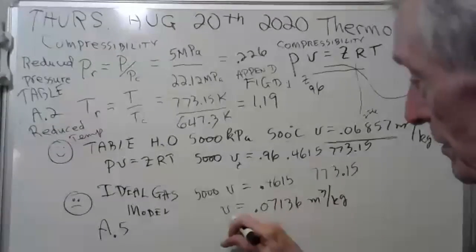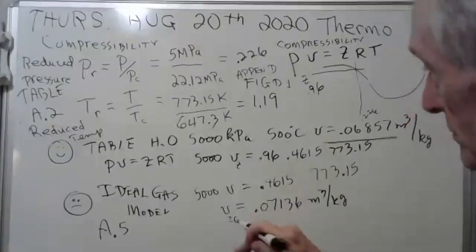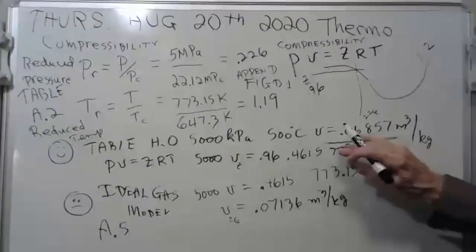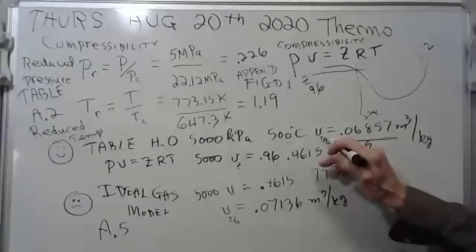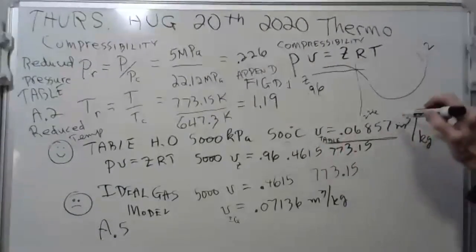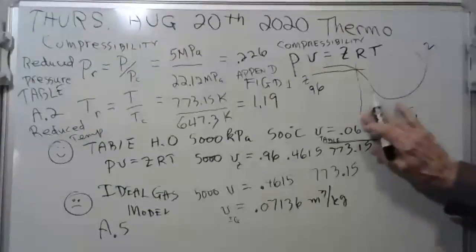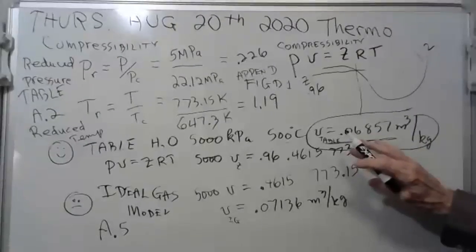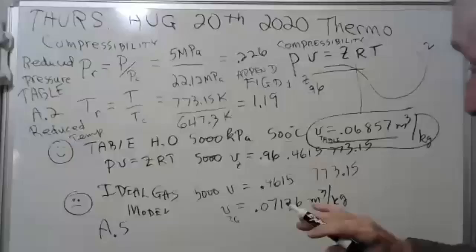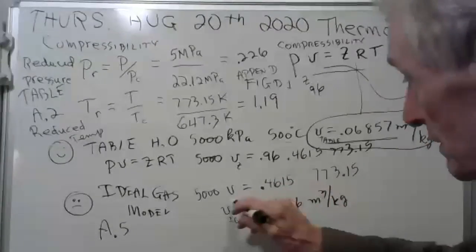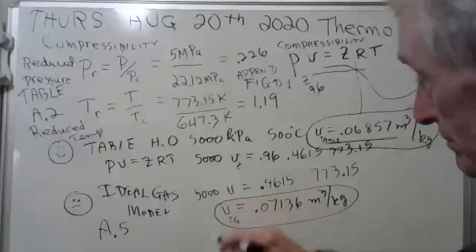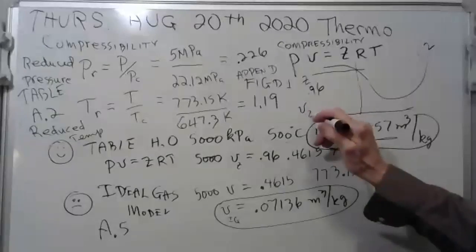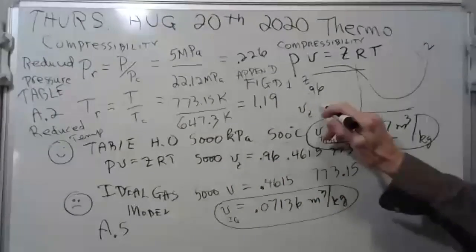Now this answer here was with the ideal gas model, and this answer here was with the tables. Let me circle these. That's the answer we got just looking it up in the table. You all understood that. Now, using the ideal gas model, this is the answer we got. But using the compressibility equation, this is the answer I got.